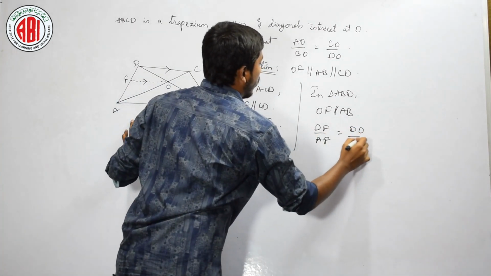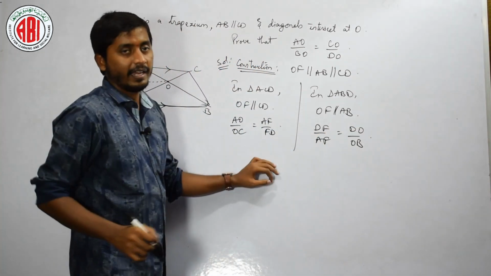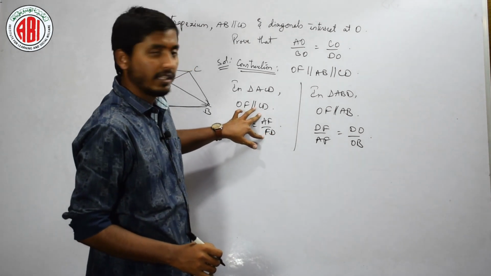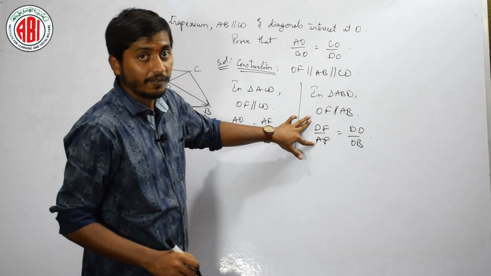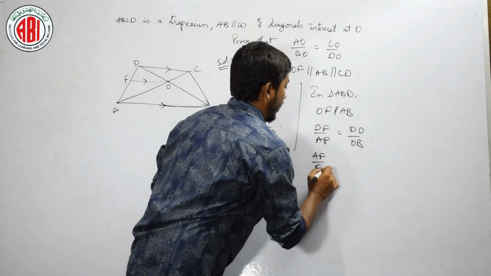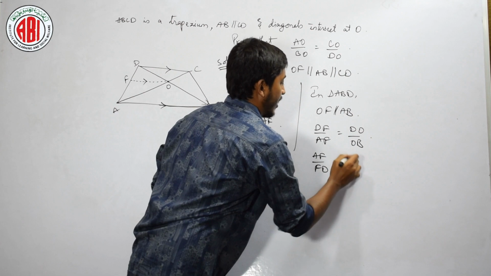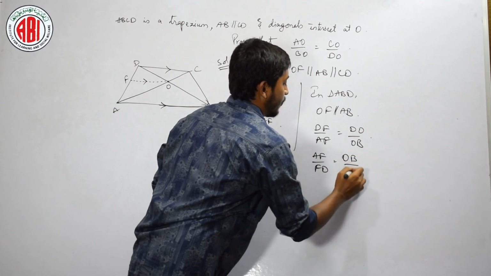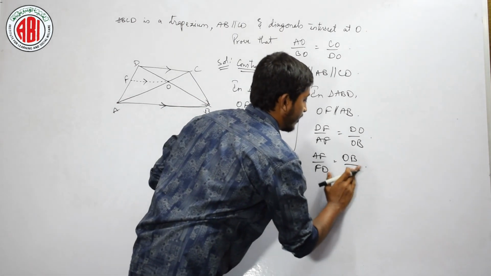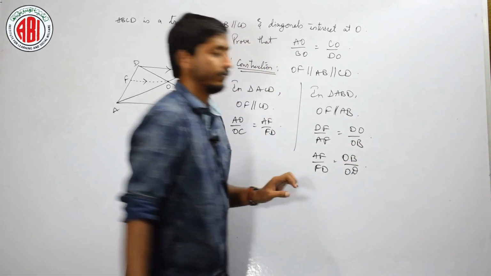Here in the first it is AF by FD, and this is the reciprocal of that. Taking the reciprocal, AF by FD equals OB by OD.